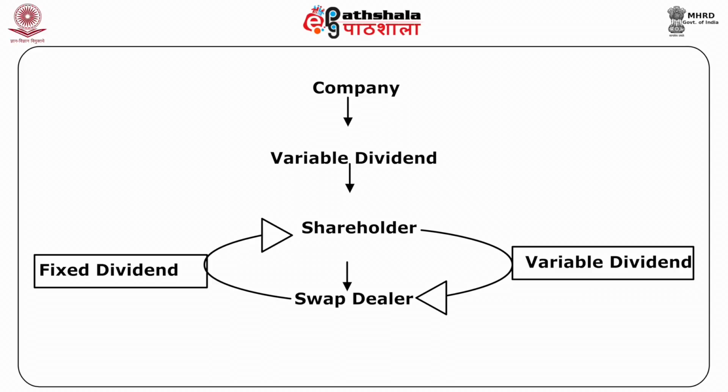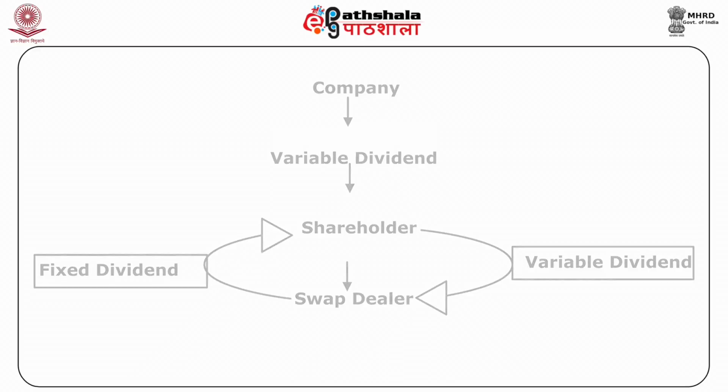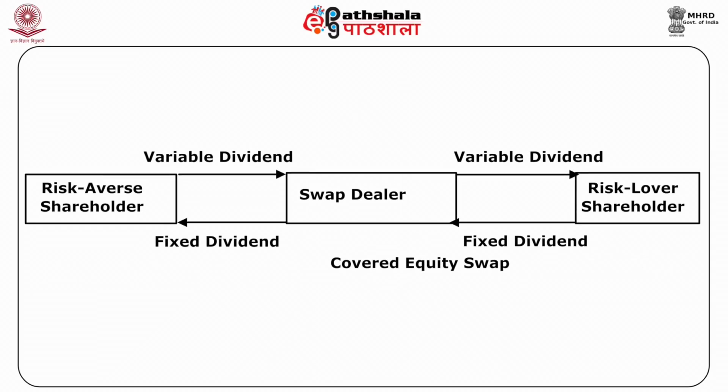A naked equity swap is a swap where the swap dealer does not pass the risk to the equity shareholder, whereas in the case of a covered swap, he passes the risk to the shareholder. The risk arising through fluctuations in variable dividend will be borne by the swap dealer only.